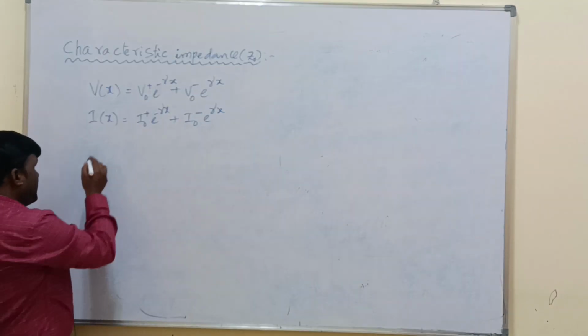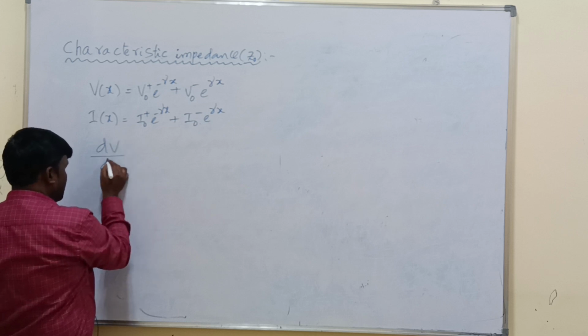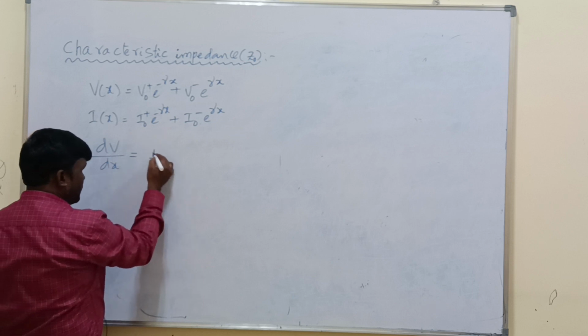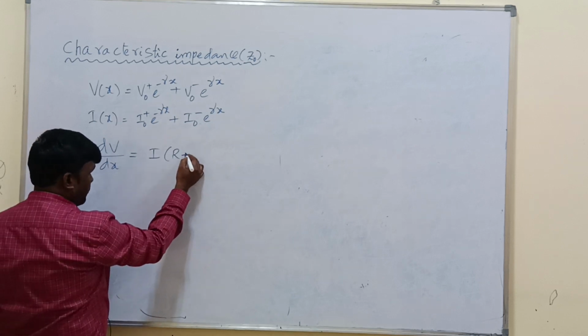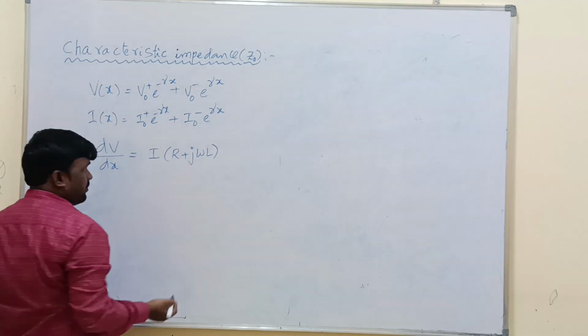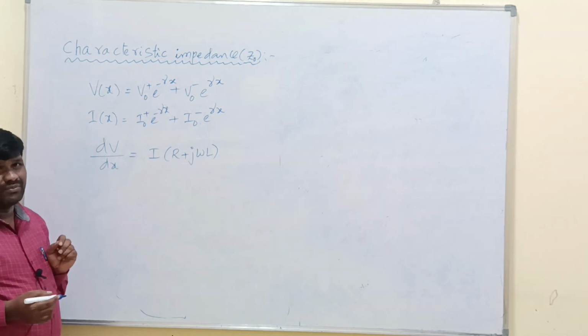And we obtained dV by dx equal to I into R plus j omega L. Please make a correction. dV means V2 minus V1, and dx means X2 minus X1.